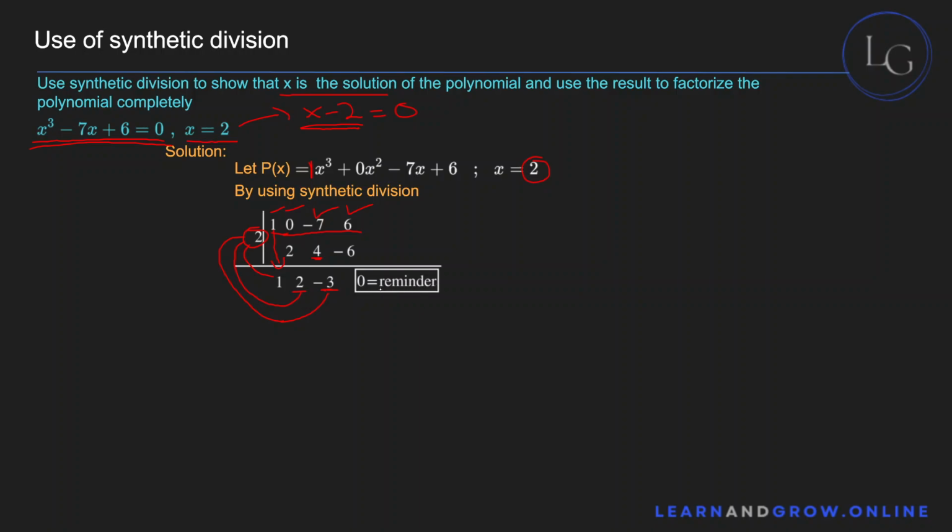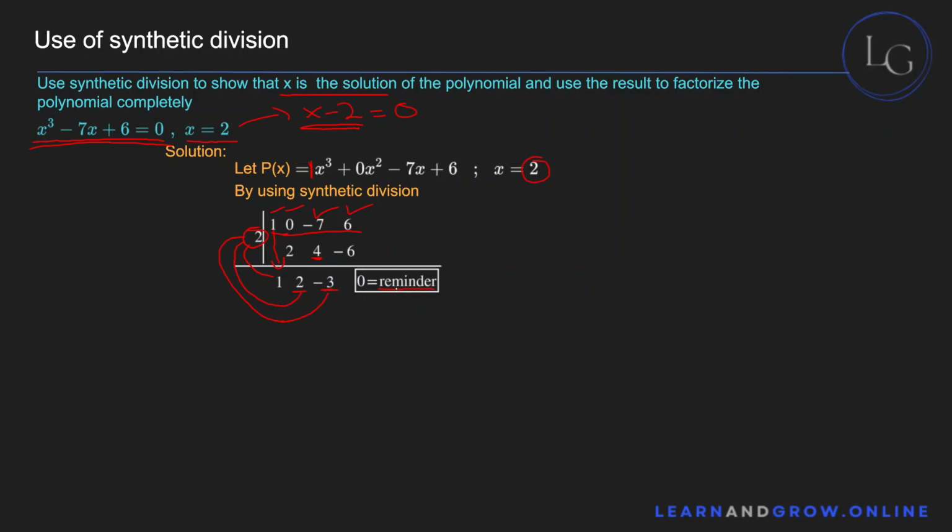And that is the last value that you'll receive, is the remainder. If the remainder is equal to 0, that means that basically the solution that we've been given is indeed a solution of this polynomial.